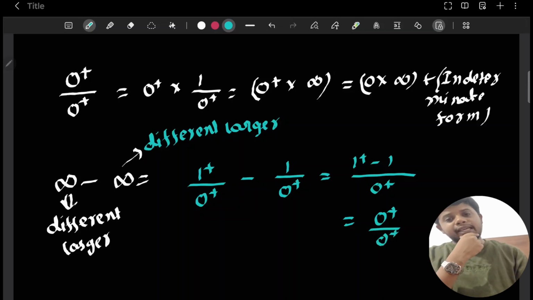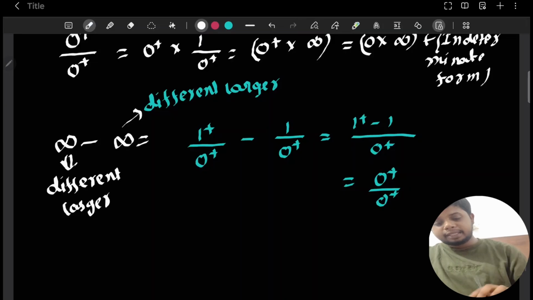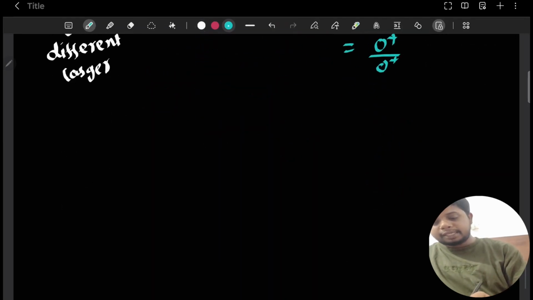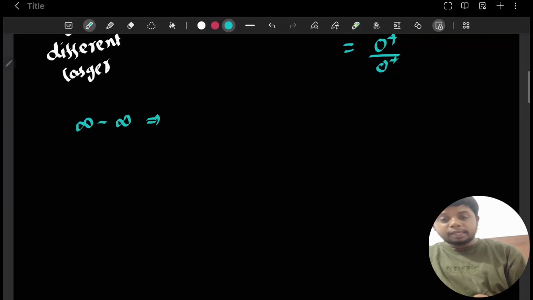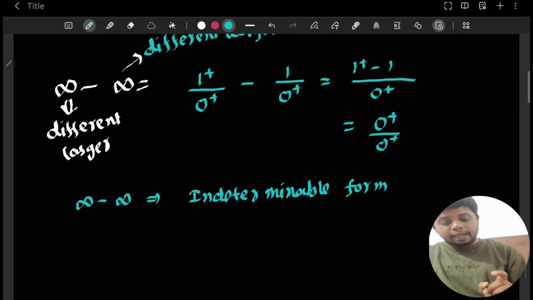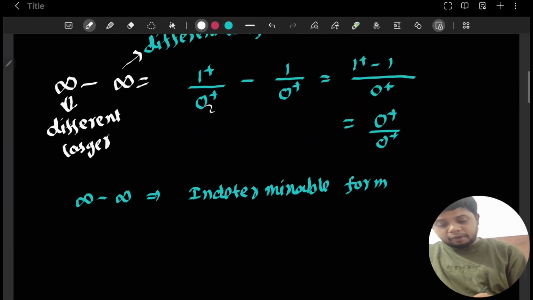So can we say that this infinity minus infinity is also indeterminable. And you can say that this indeterminable form we have derived by the LCM.